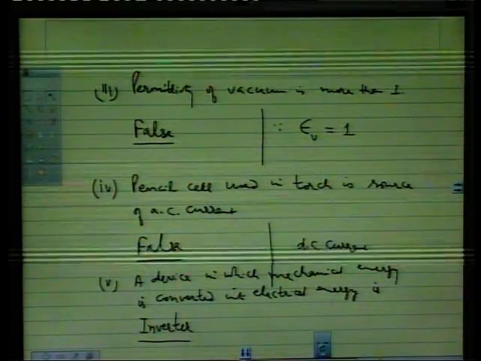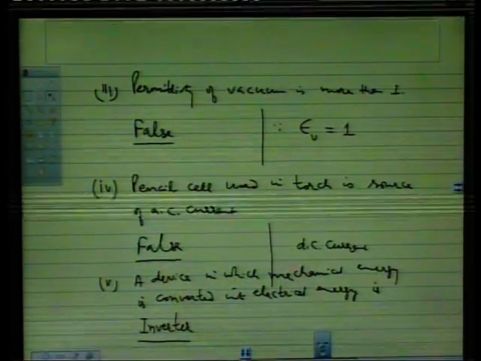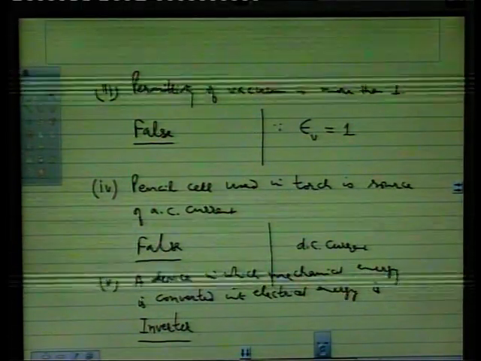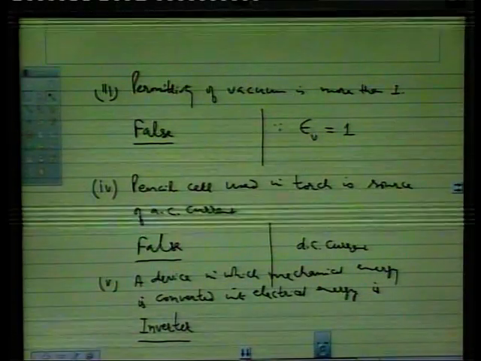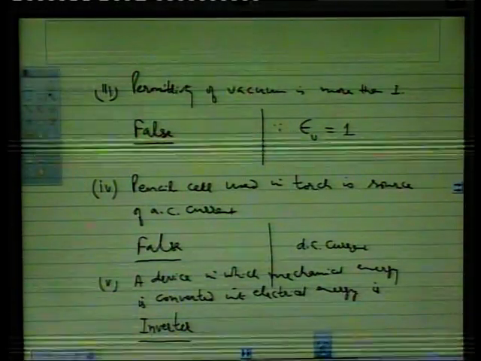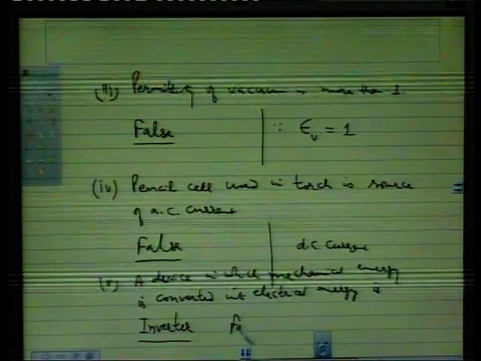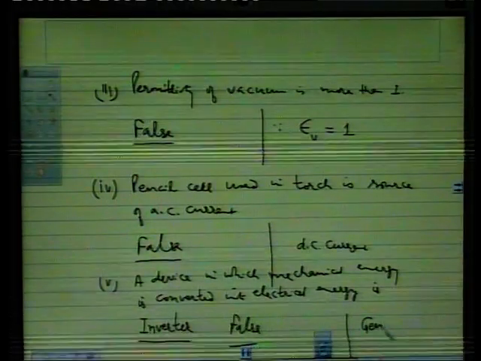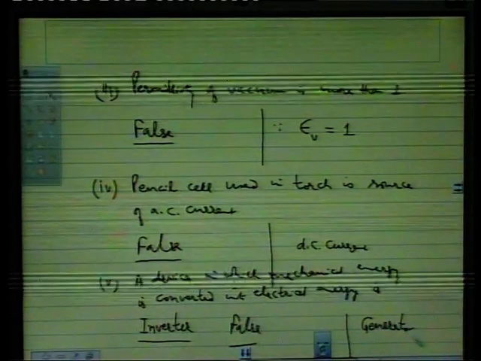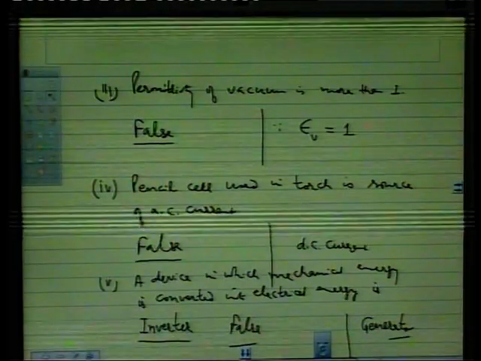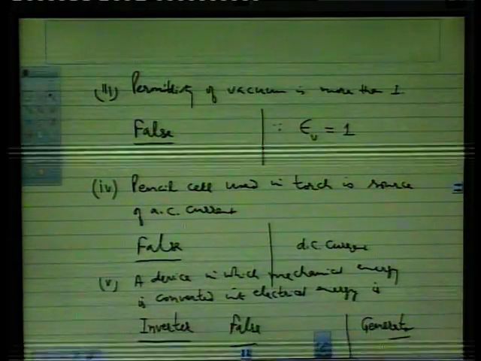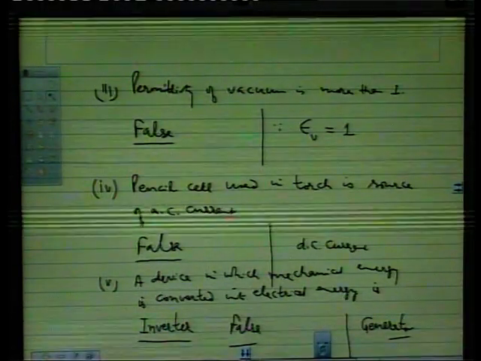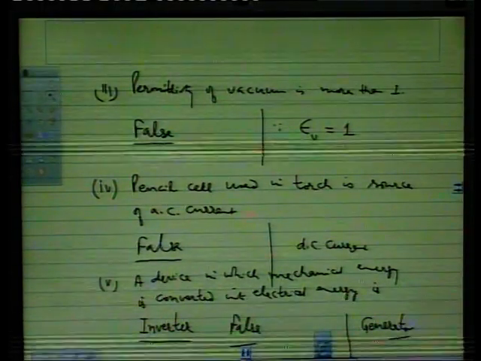In each and every home we have an inverter, and we know there is no source of mechanical energy which is converted into electrical energy in an inverter. So, this is again false. The true answer will be generator. In a generator, mechanical energy is converted into electrical energy, but there is no conversion of mechanical energy into electrical energy in case of inverter.